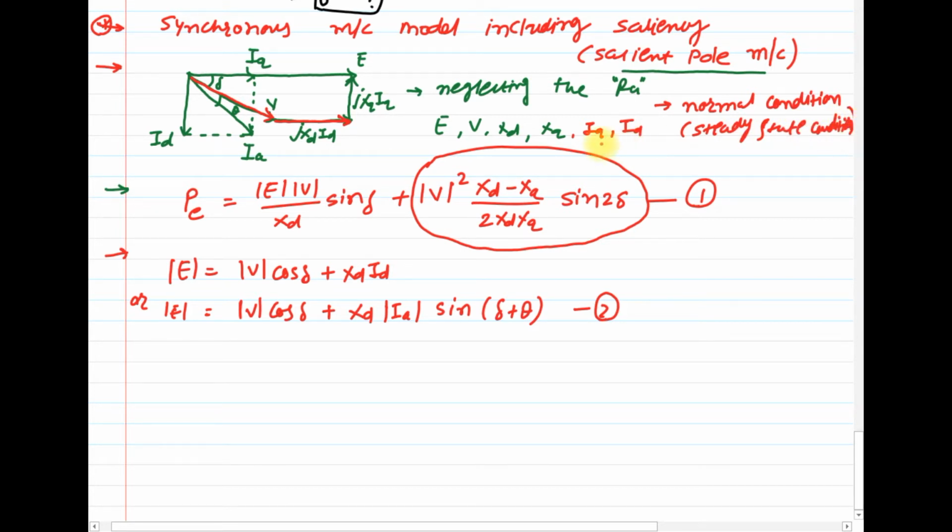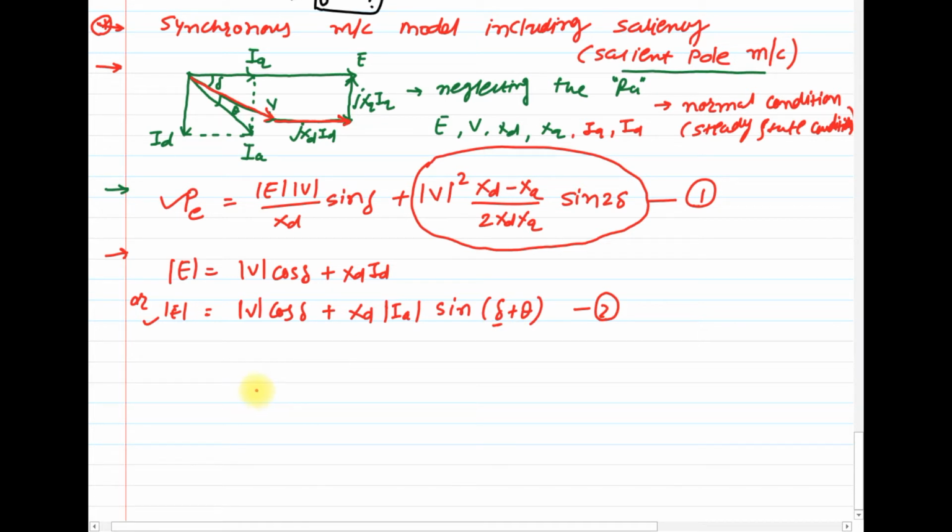So under normal operating condition, we have derived the power and generated EMF equation. Now the next step is, for the calculation of the no load generated EMF E, we need to calculate the angle delta.